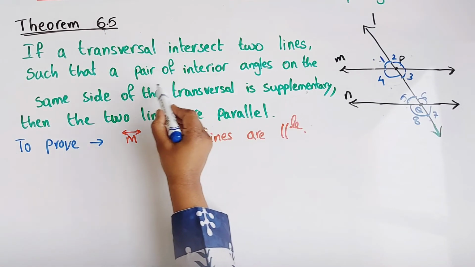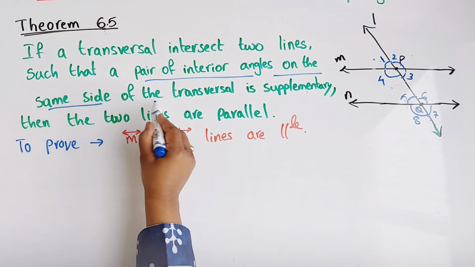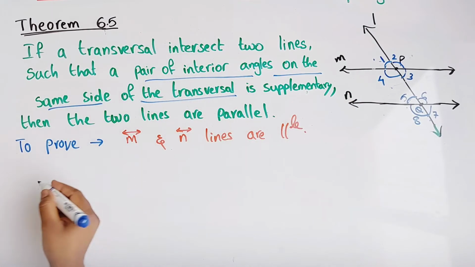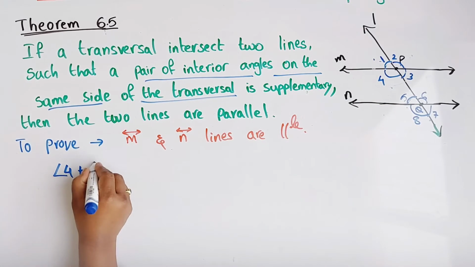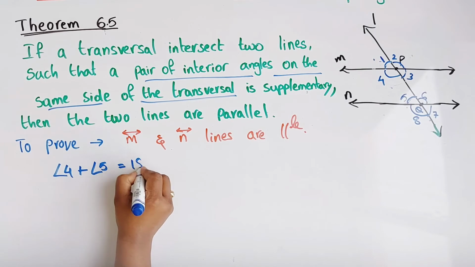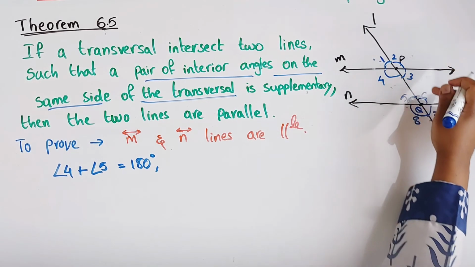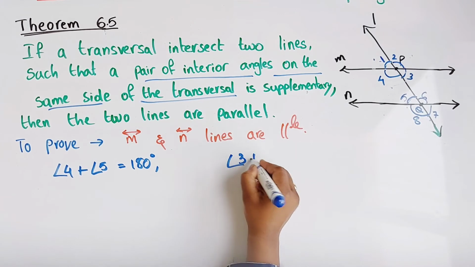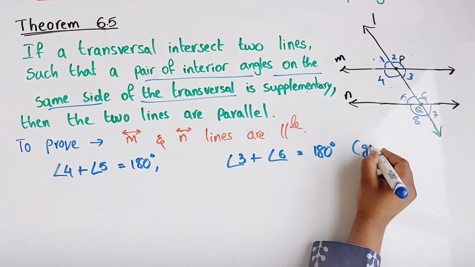They have given a pair of interior angles on the same side of the transversal is supplementary. That means same side, angle 4 plus angle 5 equal to 180 degrees they have given, or angle 3 plus angle 6 equal to 180 degrees they have given.